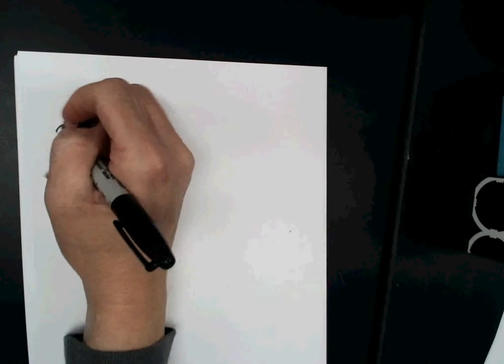Now try this one. I'll just do a repeat with some different numbers and see if you can work your way through it without looking at what we just did.